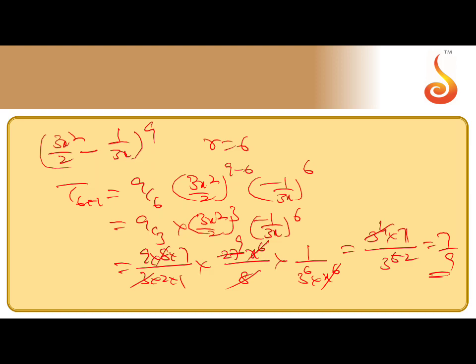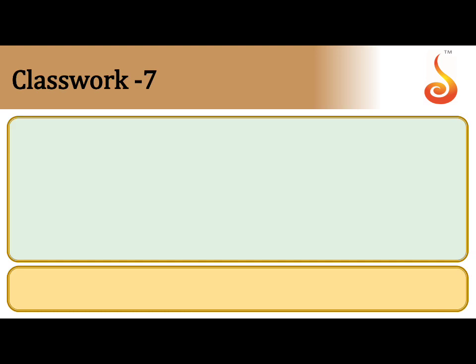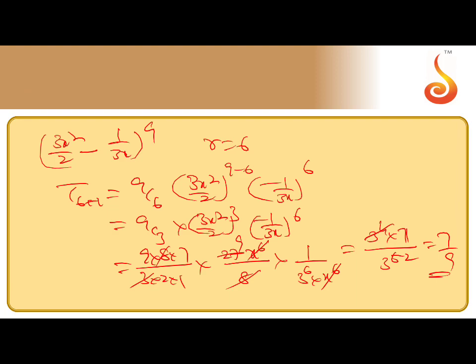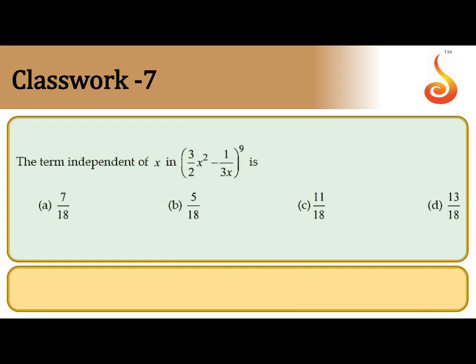Write the term and simplify to get the answer. Sorry, I missed something here: 2 is there. 9 into 2, the answer is 7 by 18. Here 2 is there, 2 into this value. So the answer is 7 by 18.